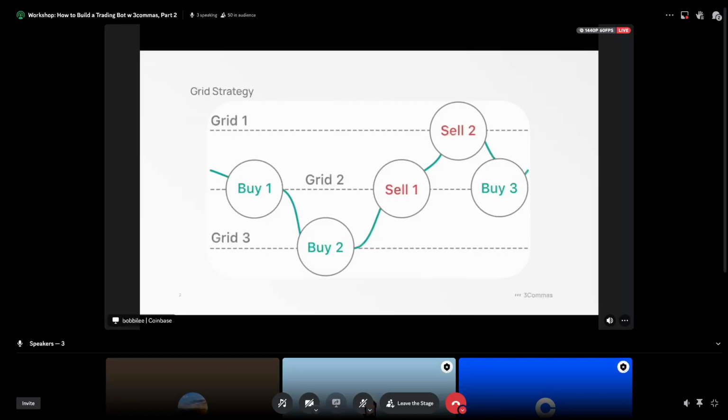So, pretty straightforward. When the price drops to 14, the bot buys, and when it rises to 16, it sells, looking for a profit. As long as this cycle continues and the price remains within the defined range, the bot doesn't need to predict the market direction, and it simply reacts to movements within this range, allowing you to profit from the sideways market.